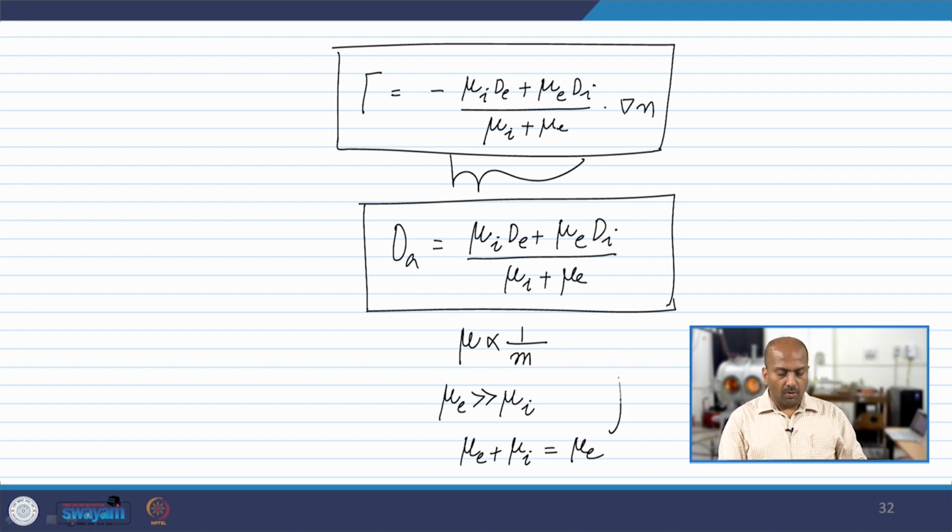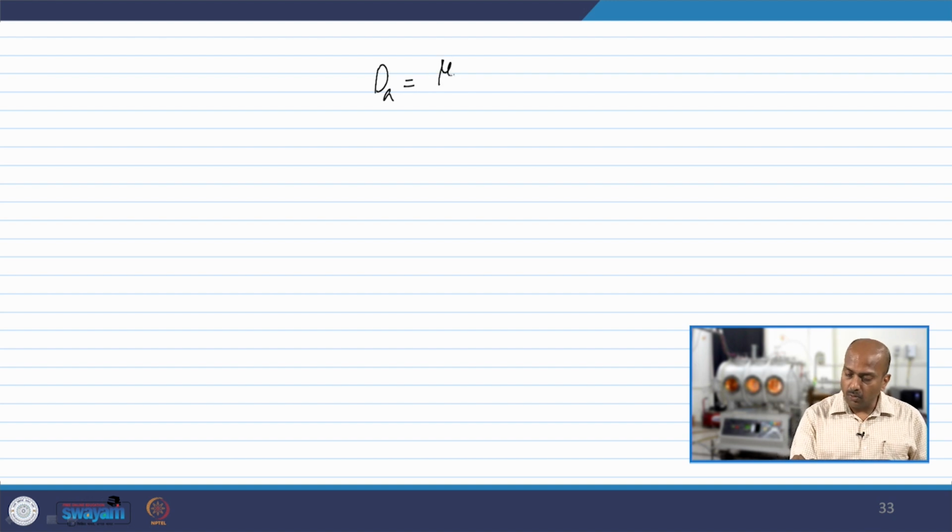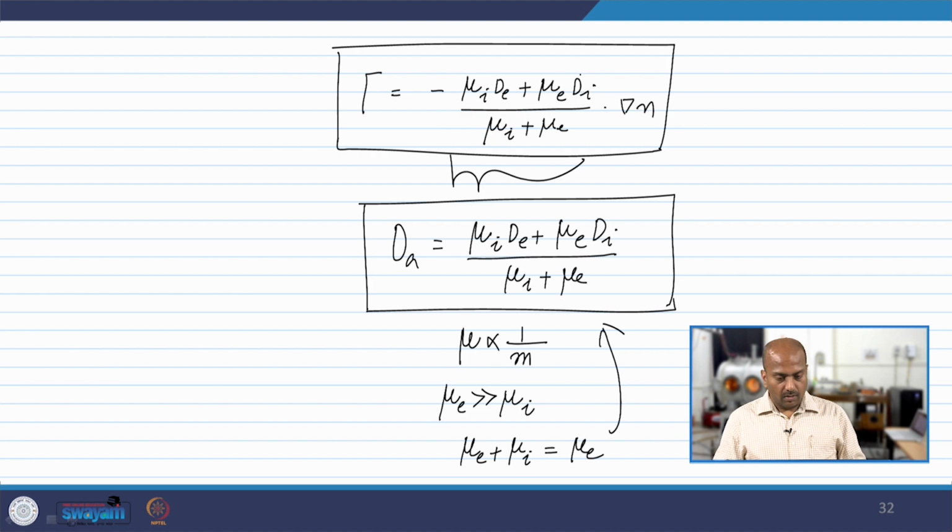If you put this into this expression, the ambipolar diffusion coefficient, which we have written in many forms so far, is mu I divided by mu E times dE plus dI. You see this?